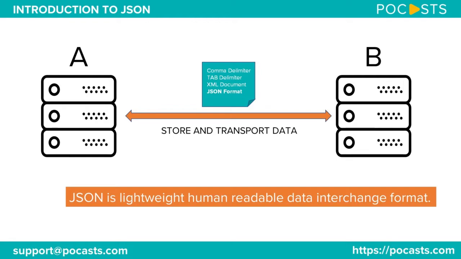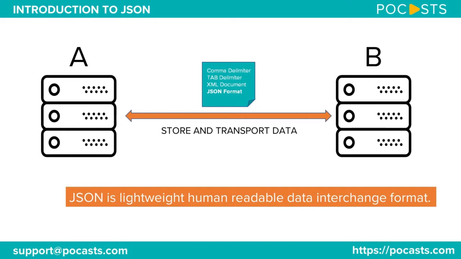And it is a data interchange format, meaning it is data that is used to exchange between two systems, like we have seen previously with XML, tab delimited, and CSV files. JSON is one more format that is used to exchange messages between two systems. And the main purpose of JSON is to represent data and exchange that data over the network.